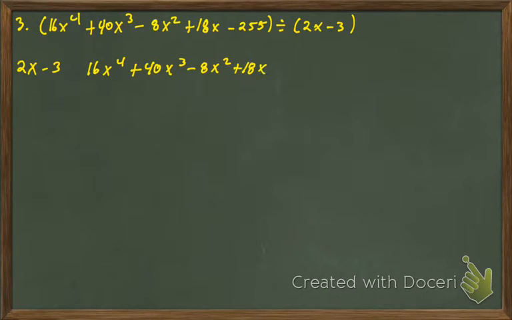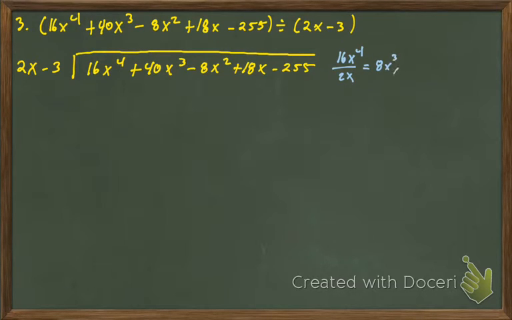And we're going to do the same thing we did in the previous example. So how many times does 2x go into 16x to the fourth? That's 8x cubed. Okay, so take 8x cubed and multiply it by the 2x minus 3. And so that's going to give us the 16x to the fourth and minus 24x cubed. There's your 8x cubed, and then multiply 16x to the fourth minus 24x cubed.